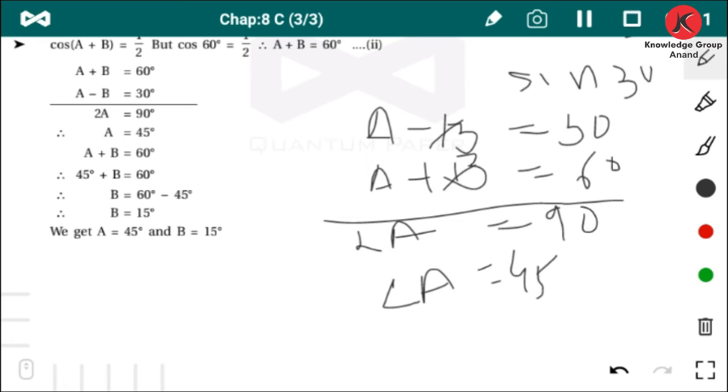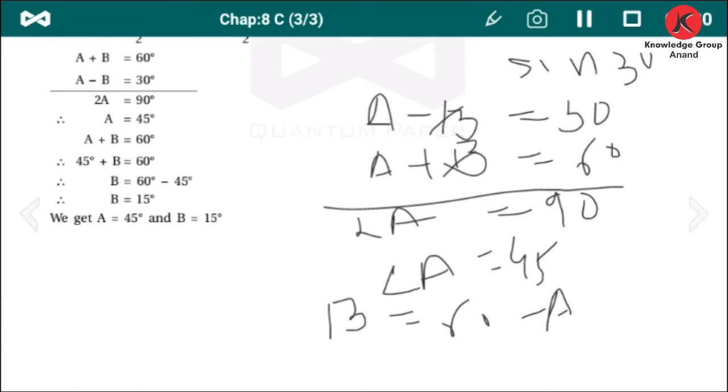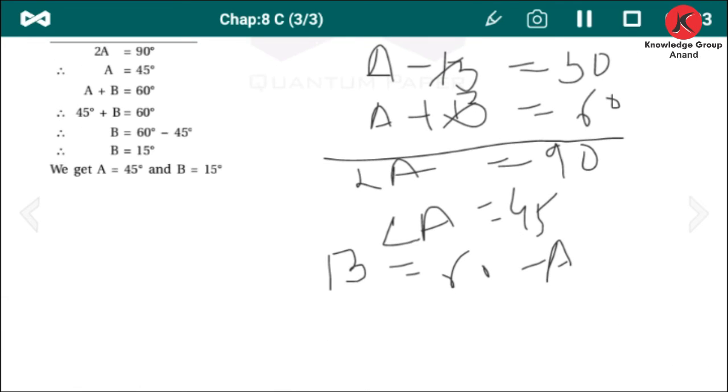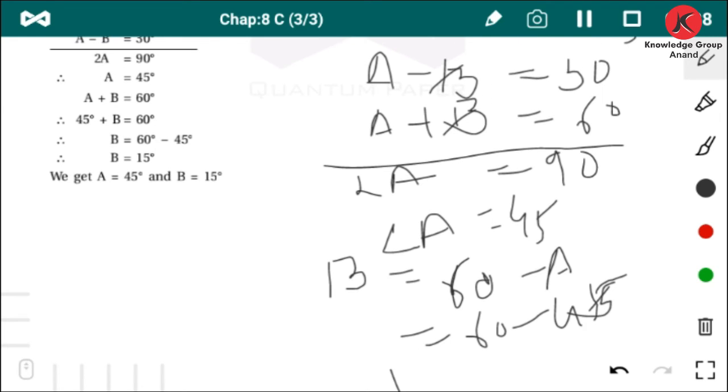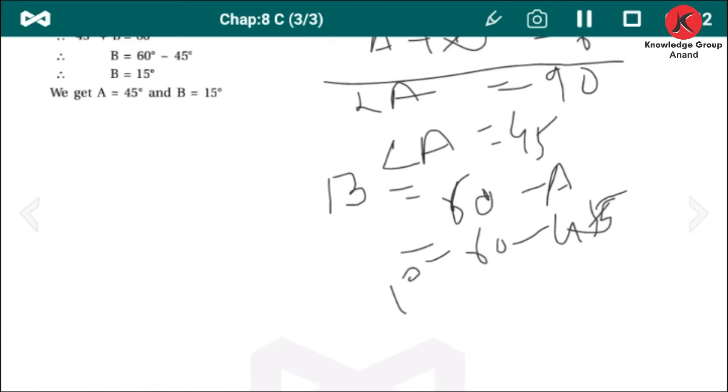Therefore, B is equal to 60 minus A, which is 60 minus 45. B is equal to 15.